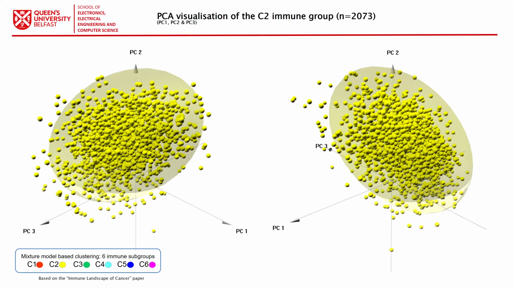So this is for the samples from second immune subgroup. Again using PCA 3D and just playing with these parameters to visualize nicely all these samples.